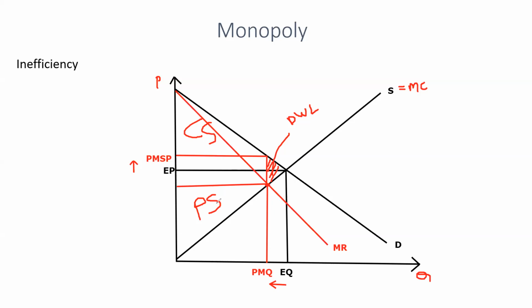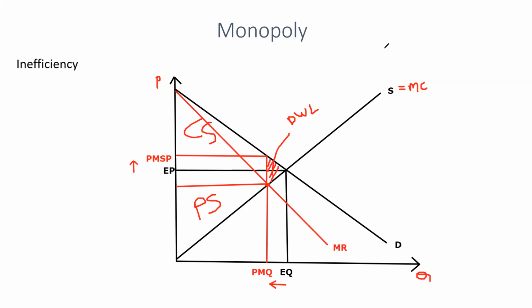Those two surpluses, which otherwise would have been in this region. I'll show you the quick region as well. So otherwise, if we had a perfect competition, the consumer surplus would have been this big. Instead, it's now this tiny part, isn't it?